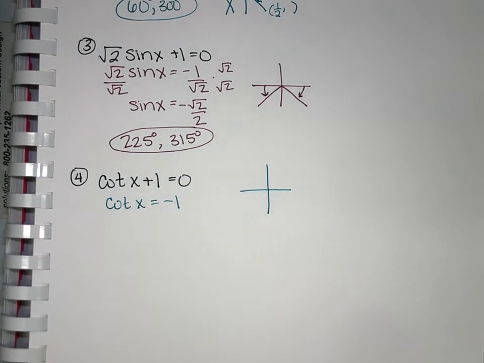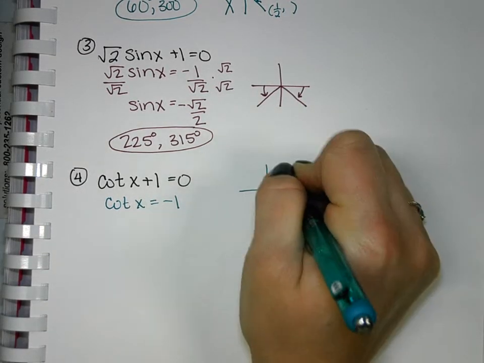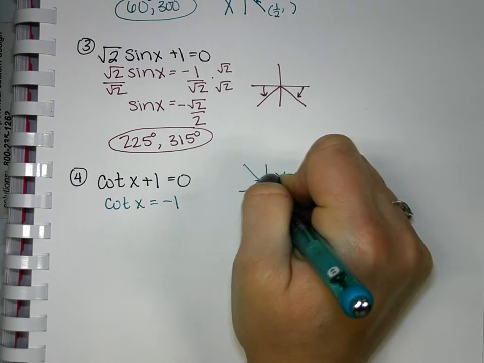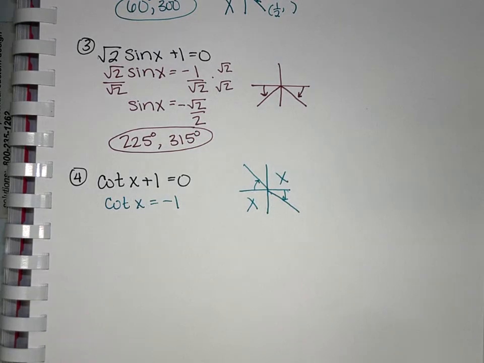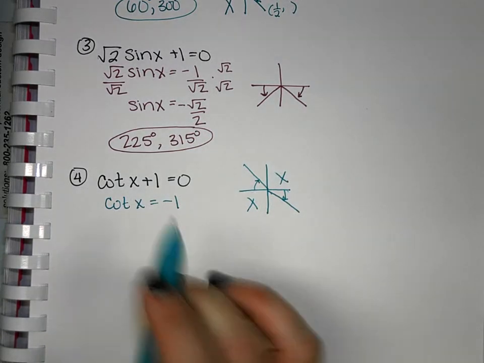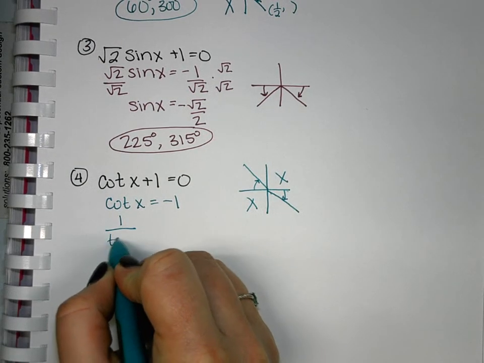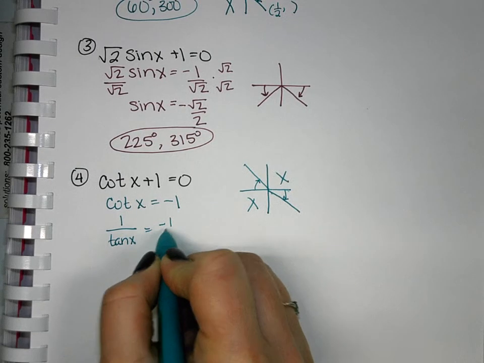Even though this is a cotangent, it's going to follow the same quadrants as tangent. Tangent is negative in quadrants 2 and 4. Now if I flip this to be 1 over tangent and then flip this side, I still get negative 1.